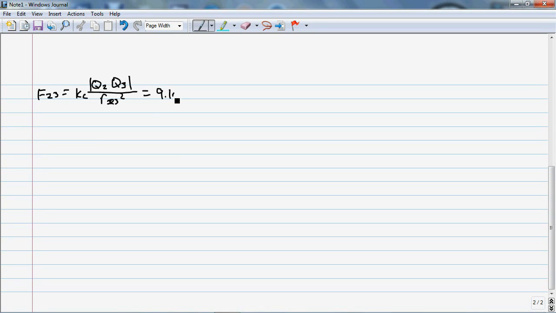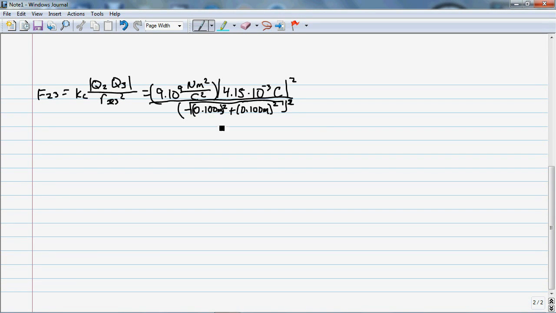And we have 9 times 10 to the 9th newton meter squared per Coulomb squared times the absolute value of 4.15 times 10 to the minus third coulombs squared over, now this is the diagonal, so it's going to be the square root of 0.100 meters squared plus 0.100 meters squared, and square that.